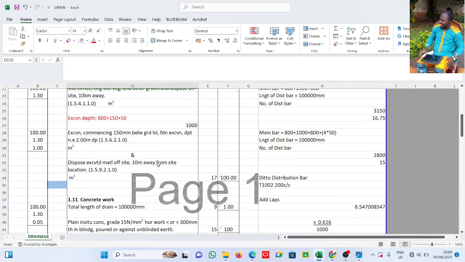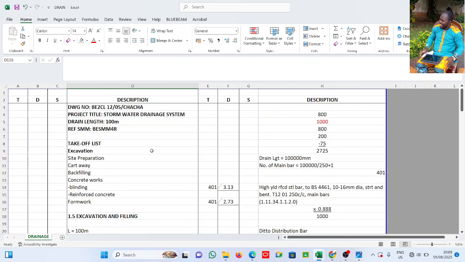I hope it adds up to your knowledge, or it reminds you of something, helps you in your professional career, or you still in school, helps you in your academics. All right, so this is basically how you measure drainage, whether it's a U drain, whether it's a V drain or a trapezoidal drain. It has base, it has walls, and of course maybe some minor excavation and cutaway.